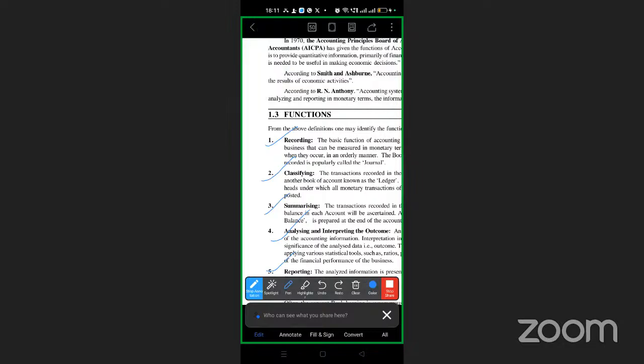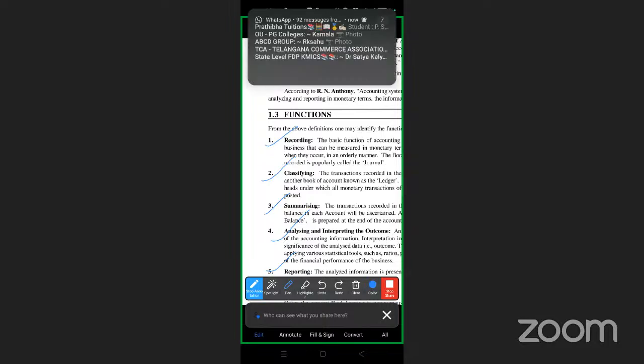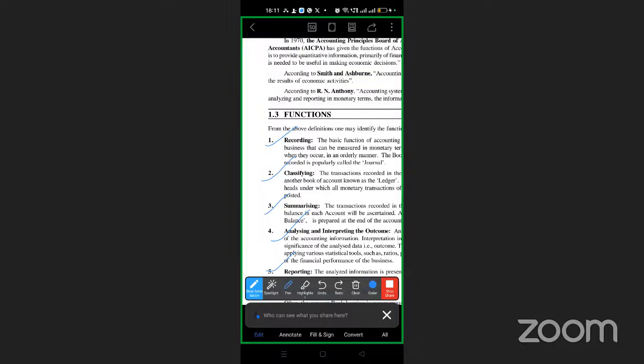When we put all of this together, that is nothing but the definition of financial accounting, or the definition of accounting. Accounting is the art of recording, classifying, summarizing, analyzing, and interpreting the outcome and giving a report.